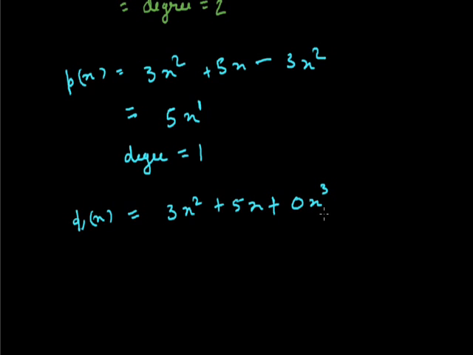Therefore, we cannot say that the degree of this polynomial is 3 since an, where n equals 3, is 0. Therefore, the degree of this polynomial will be 2 since the highest power of x here is 2.